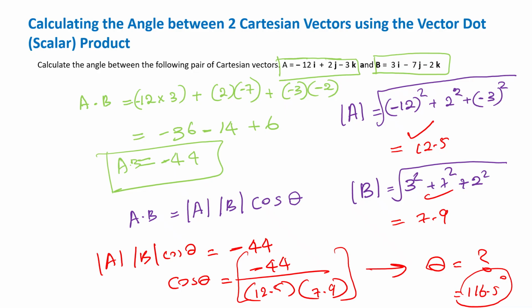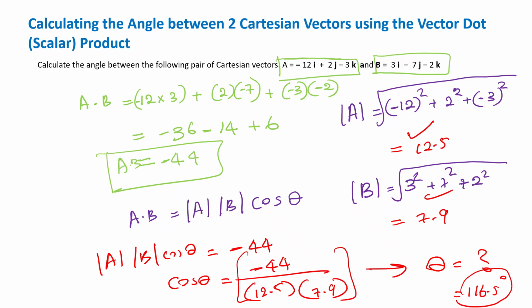So we can use the dot product to find the angle between two vectors. Now we know how to find it. Any questions? Another thing that we can do with the dot product is finding the component of a vector on another vector. You know how to find components in 2 dimensions, right?